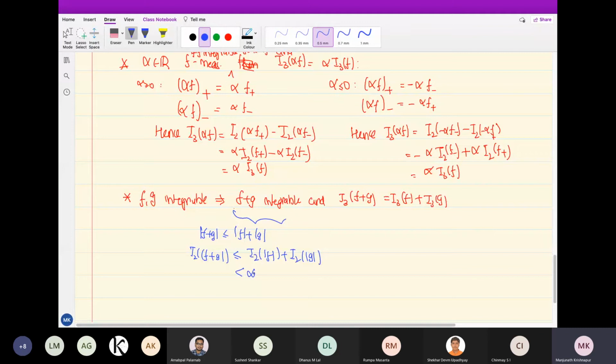Okay. So this would be a bit of trouble if you had to do positive and negative parts, because what is the positive part of f plus g? Can you write it in terms of positive and negative parts of f and g? It's not so easy. Say if both f and g are positive, then it's fine. But if f is positive and g is negative, then the positive part depends on which is larger in magnitude and all that, right?